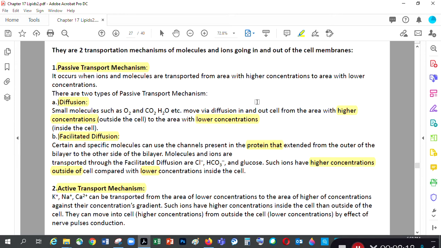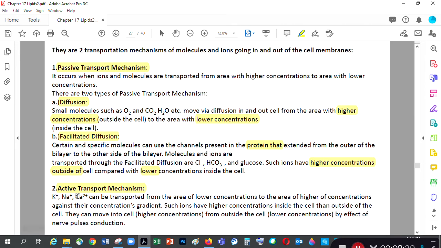And remember that the proteins have channels, different types of proteins for different types of molecules and ions, so they help transport those larger ions. But small molecules, they go by themselves. They can diffuse by themselves. They don't need to go through the protein channels.